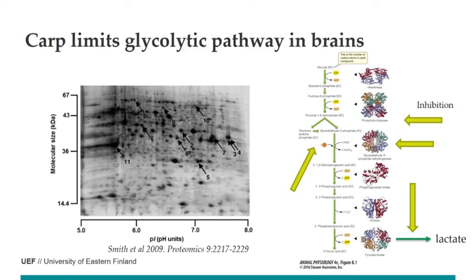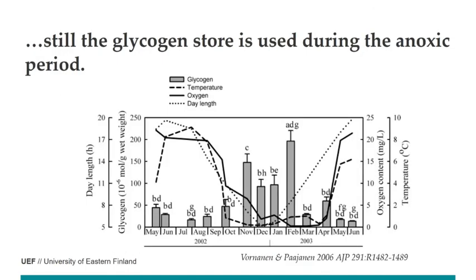So it means that the glycolysis is slower, but still, from February in 2003 till March, when the oxygen concentration was 0, the glycogen storages dropped by 90%.